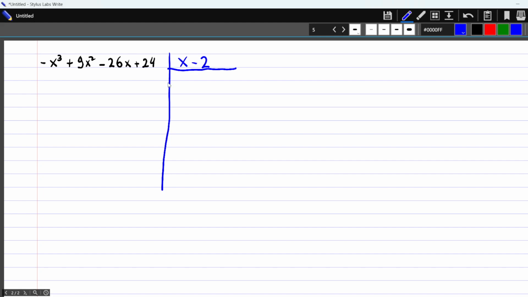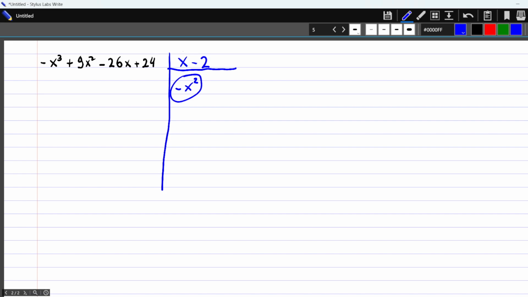So, we've shown how to do this division. I'll go a little fast here, but I will be putting the link in the description below where I have shown how to do this on a previous video. So, what do I need to multiply this by in order to get this? And the answer is minus x squared.